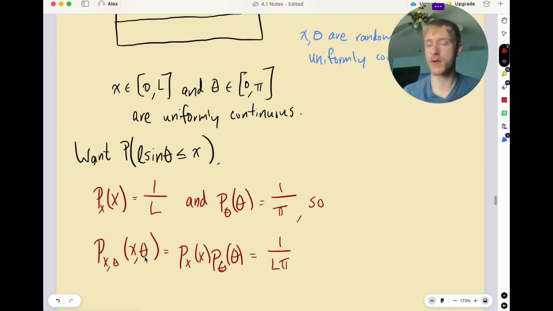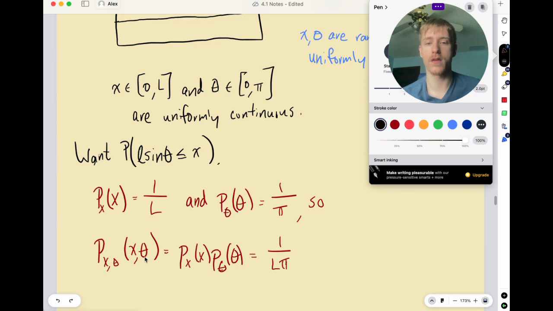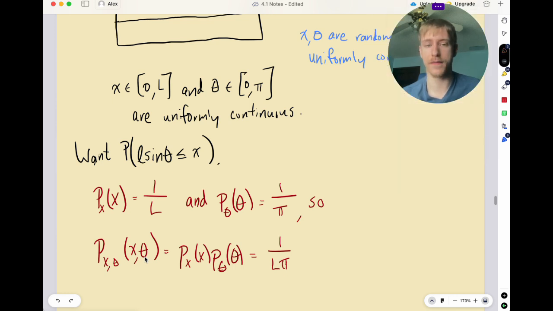Now, we have to figure out what the entire region is, and then we can use the results from the previous problem to take the area of that divided by L pi, which is the total area of the sample space. Okay, so let's sketch a graph.